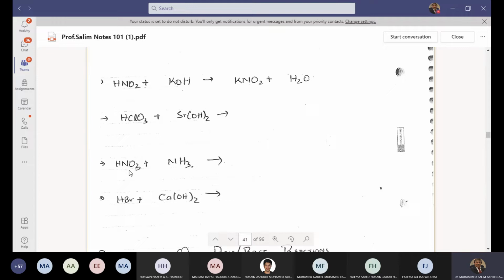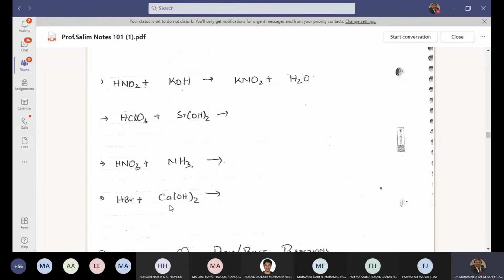Okay, HNO3 with ammonia. This is an example of strong acid, weak base. Last one, an example of strong acid, weak base with calcium hydroxide. It's a strong base. Let me repeat: how many strong bases do we have?